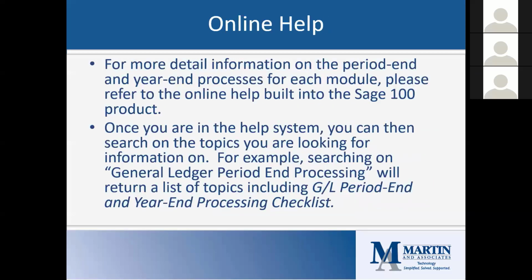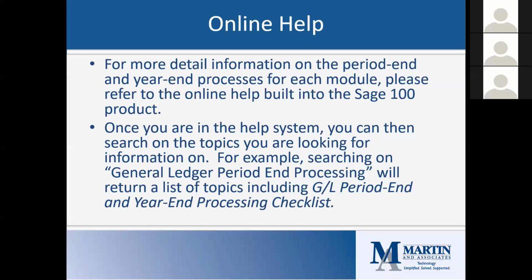Online help. There's some good help out there for the period end processing that you can access if you go to the online help and then just search on the topics you're looking for. The example I gave here is general ledger period end processing. Another way to get some good help on each individual module's period end processing steps is, when you go to that module's period end menu and click on period end processing, in the lower right hand side of the screen there's a little question mark.